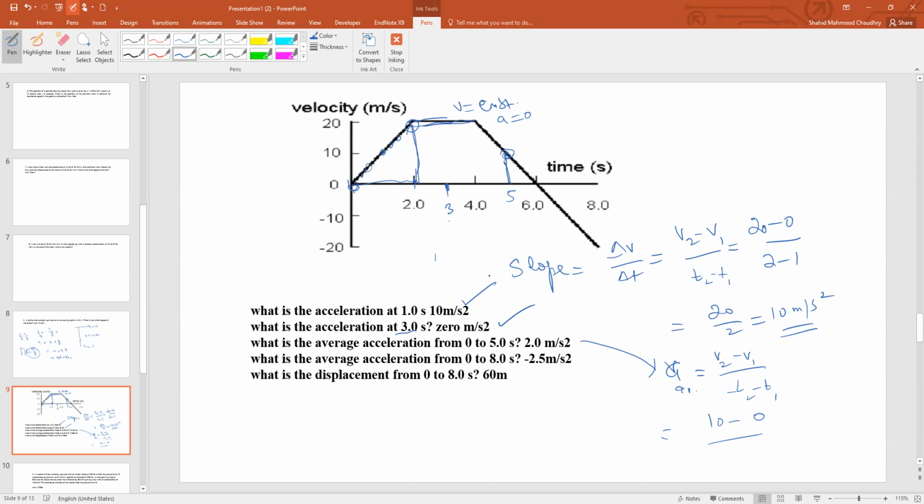So the final is 10 and the initial is 0. 10 divided by the time, 5 seconds. So you will find 2 meters per second squared.